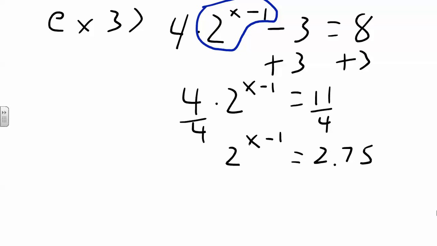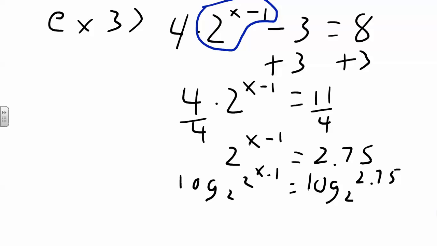And then we are ready to take log base 2 of both sides. So log base 2 of 2 to the x minus 1 equals log base 2 of 2.75. Now here, instead of being left with x, I'm going to be left with x minus 1.